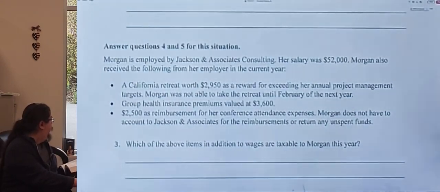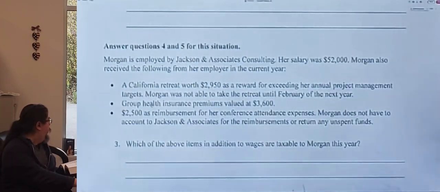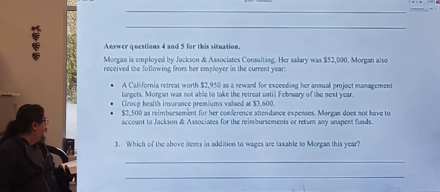We have a California retreat worth $2,950 as a reward for exceeding her annual project management targets, but she was not able to take the retreat until February of the following year. Group health insurance premiums worth $3,600, and $2,500 as reimbursement for her conference attendance expenses.